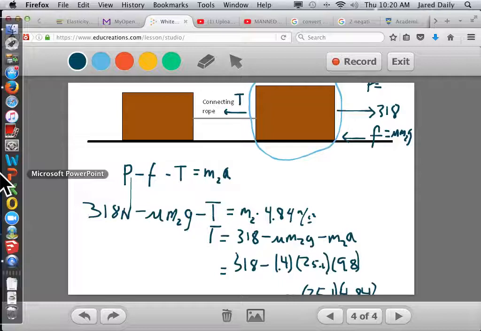Did you ever check your acceleration, right? What do you get? I get 69.